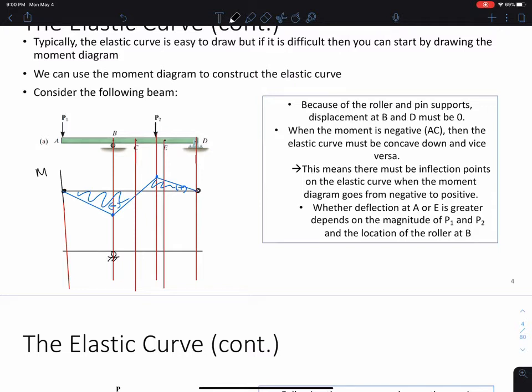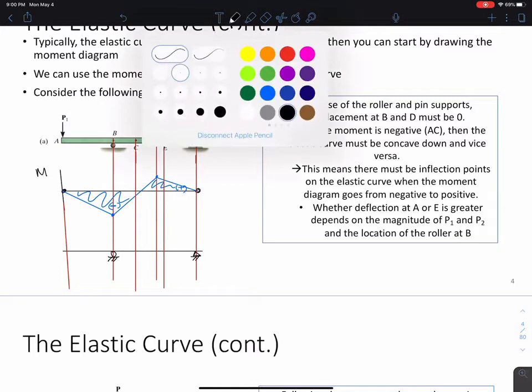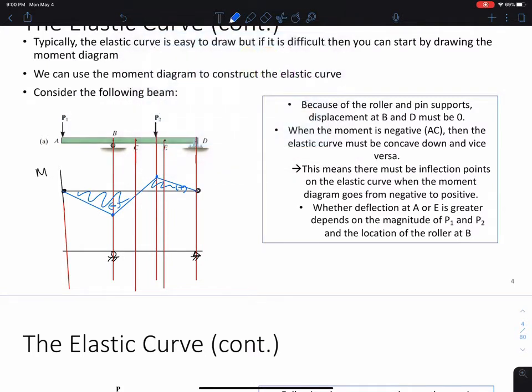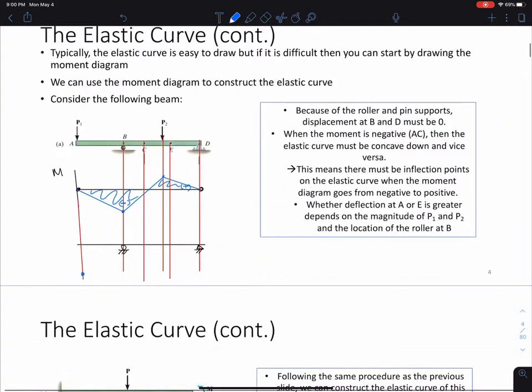We have a roller support here. We have a pin support here. Draw it in blue. We know that at P1, we're going to definitely deflect downwards some. I'm going to call this delta, the deflection. We're going to experience some delta A here. It's going to push down at A, and it's going to move down, okay? We know that we're going to have 0 deflection at the roller and 0 at the pin, because that's the definition of a pin and a roller.